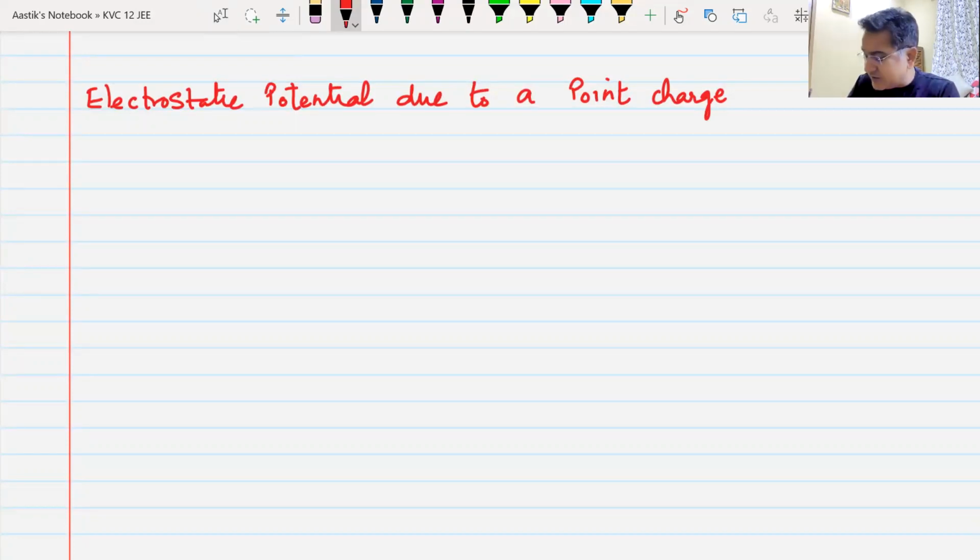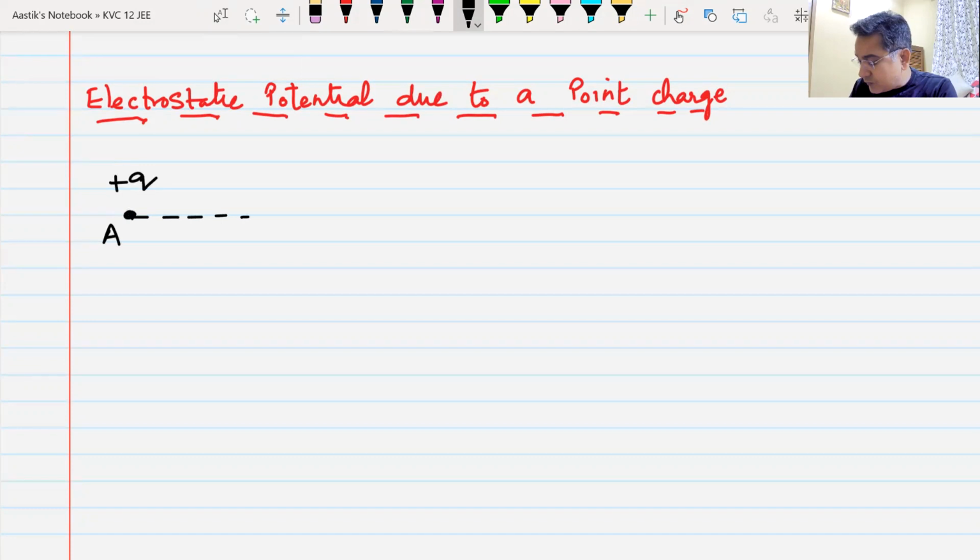I'm not going to get into the derivation of this part. How am I going to derive this? Basically, I have a point charge, let us take it as positive Q, placed at this point A. And I will have to find the electrostatic potential it creates at this point P. Obviously, I must know the distance. Let us say that the distance is R.